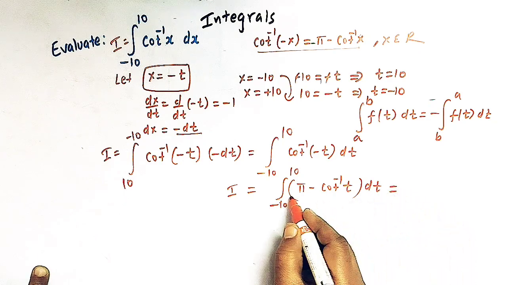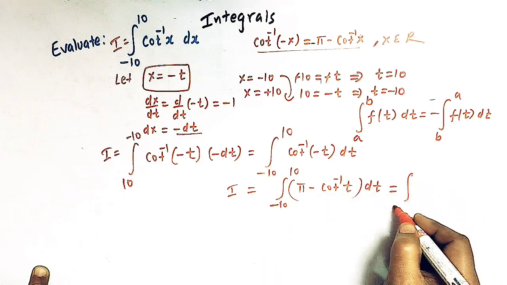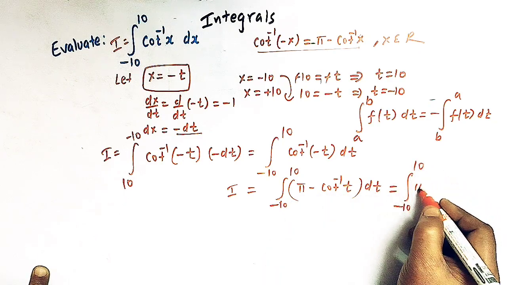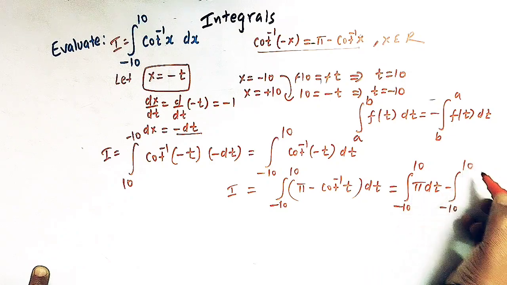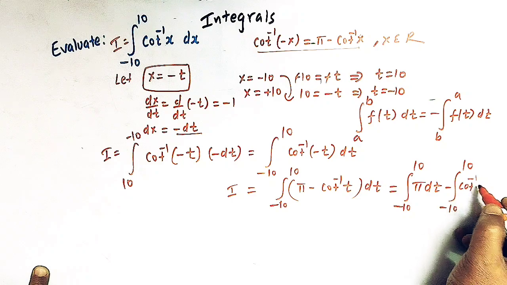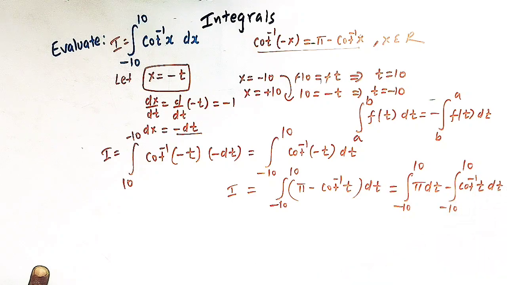So let us write this expression as integral from minus 10 to 10 of pi dt, minus integral from minus 10 to 10 of cot inverse t dt, right?